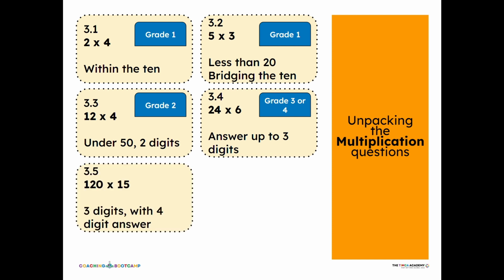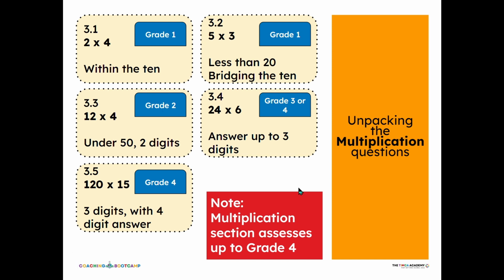And then the final one, 120 times 15, we're working with 3 digits, potentially with a 4-digit answer, and this is grade 4 level. So we can see that the multiplication section for this assessment goes up to grade 4. So it tells us something about the child's level of multiplication well into grade 4.